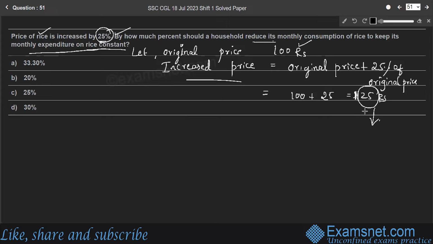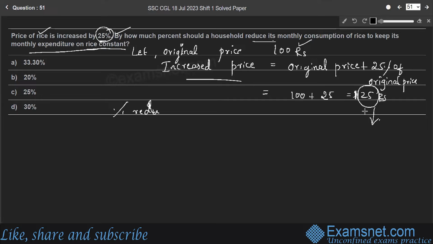Therefore, the percentage reduction in consumption: for 125 rupees of rice, the reduction in consumption should be 25 rupees of rice, because this 25 rupees is the extra increase in price.